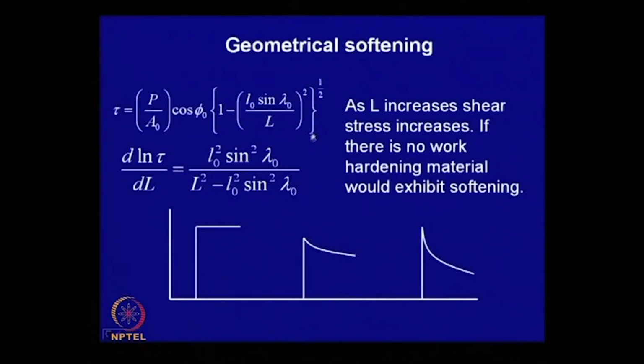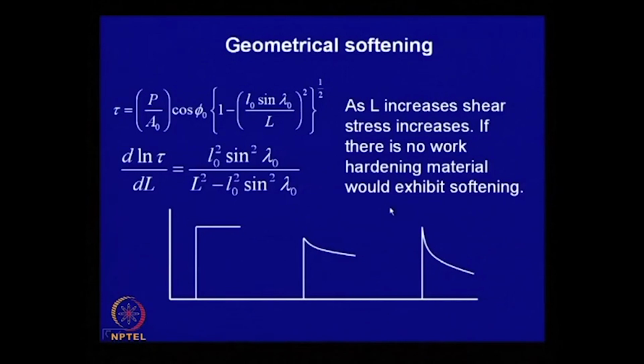If this is the expression, you take a logarithm and differentiate, and it is possible to show that if you plot tau against strain, say for different lambda naught, that means for differently oriented crystals, for certain particular orientations you will find that this drop, that softening, is quite significant.